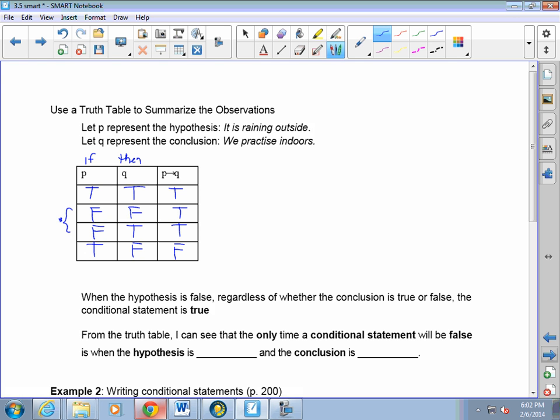So from the truth table, I can see that the only time a conditional statement will be false is when the hypothesis is true and the conclusion is false. So basically, let's say when A happens, B will happen, and A happens but B doesn't, then you have a false conclusion.